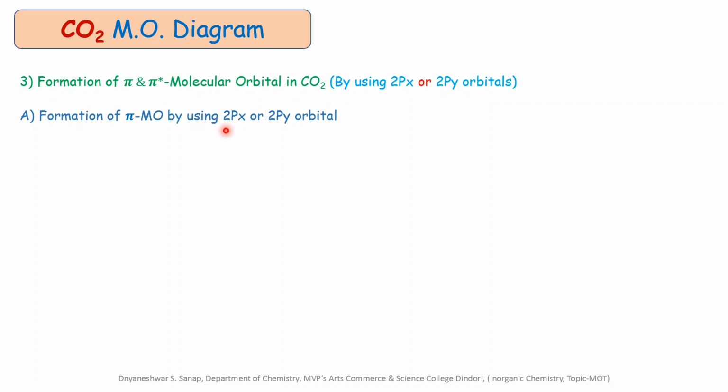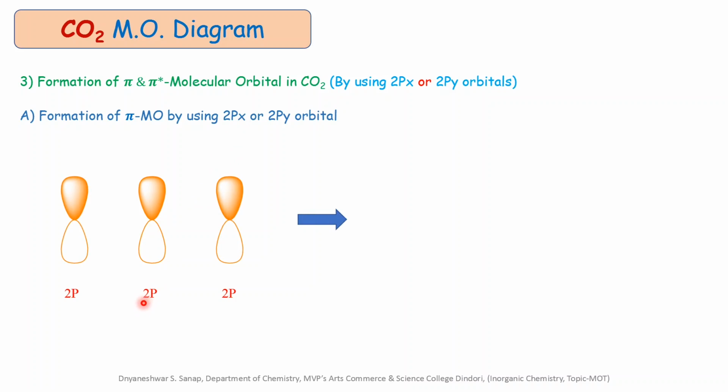We can consider the 2px atomic orbitals of carbon and both oxygen one time, or we can consider 2py atomic orbital of carbon and oxygen one time. That means we can consider the 2px atomic orbital or 2py atomic orbital of all three atoms at one time only. Let us see how it works.